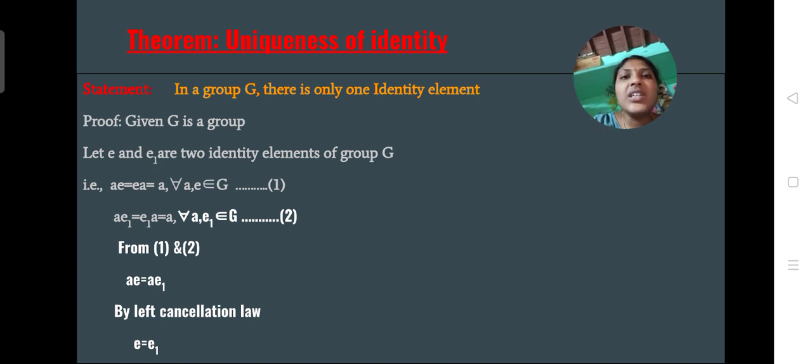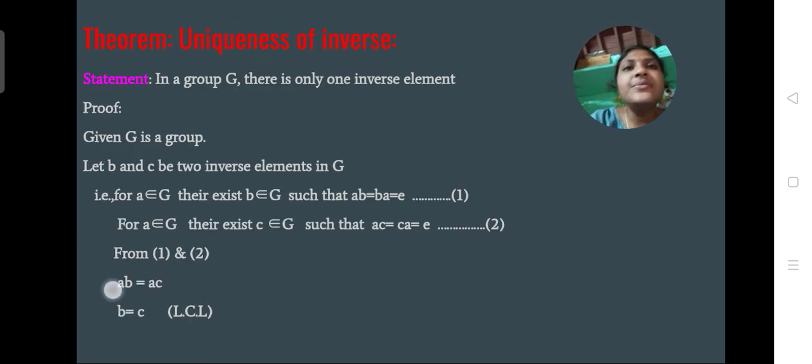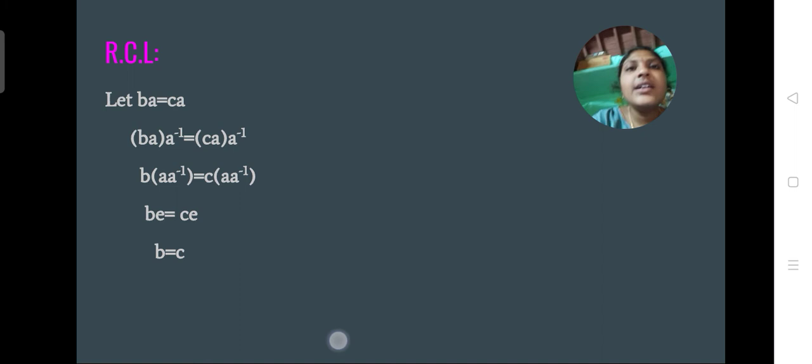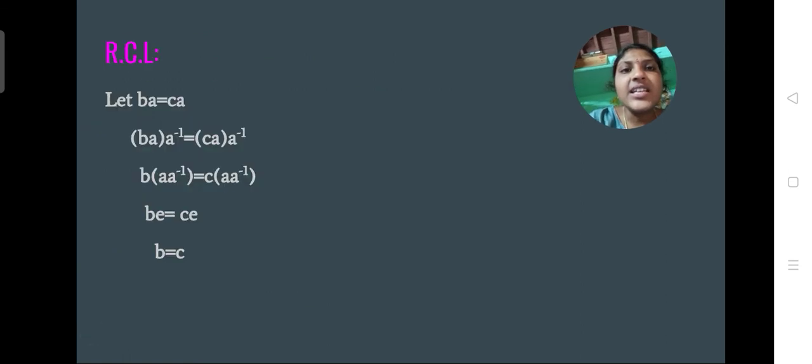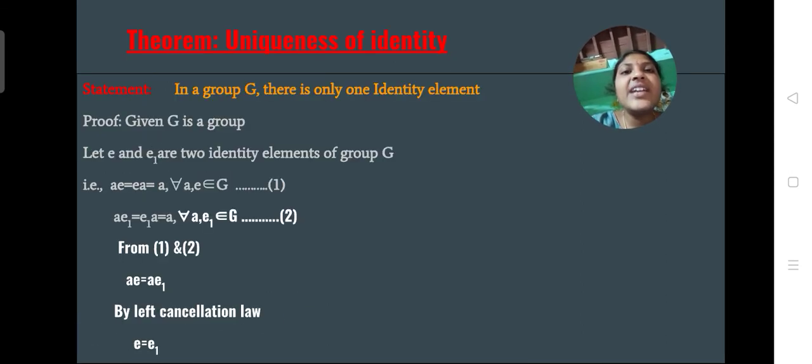From these two equations, AE is equal to A and AE1 is also equal to A. So therefore AE is equal to AE1. In the previous theorem, the left cancellation law is AB is equal to AC, that implies B is equal to C. Here we have to use the left cancellation law.